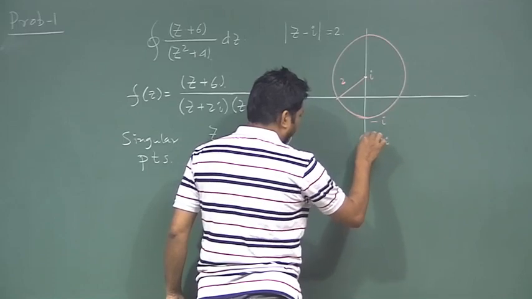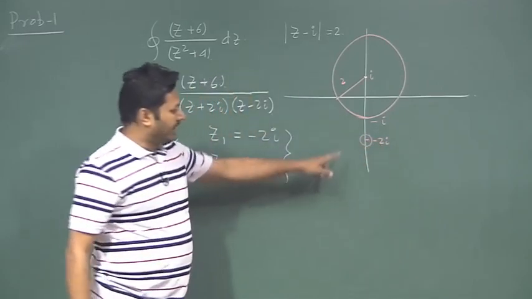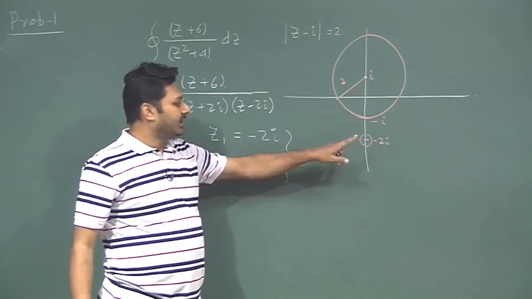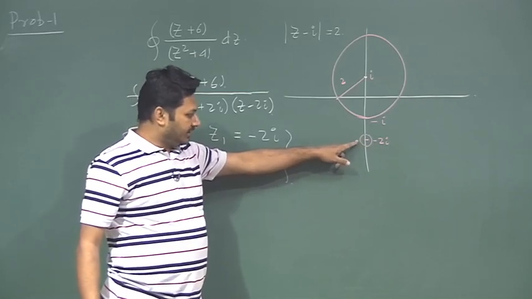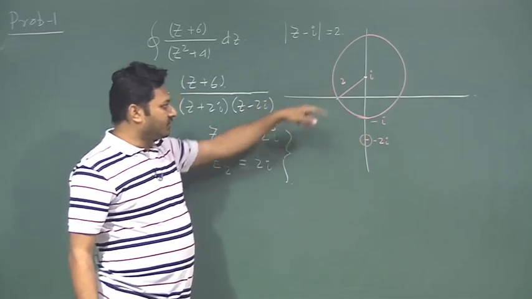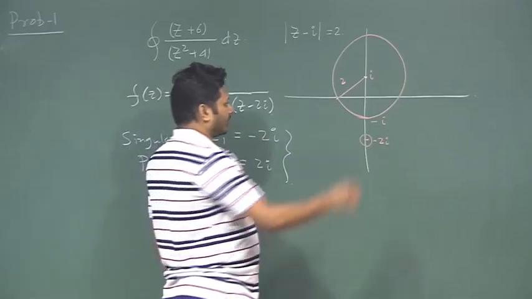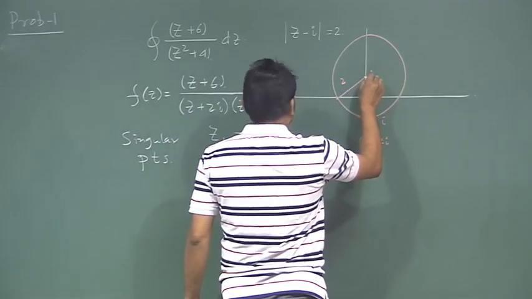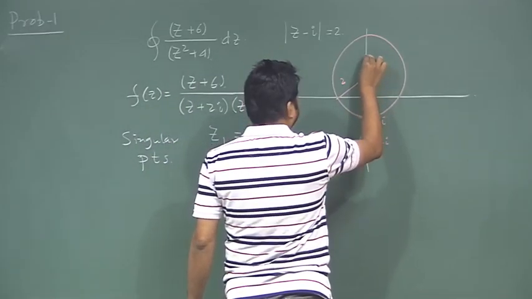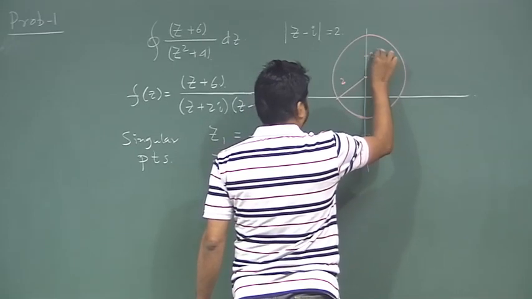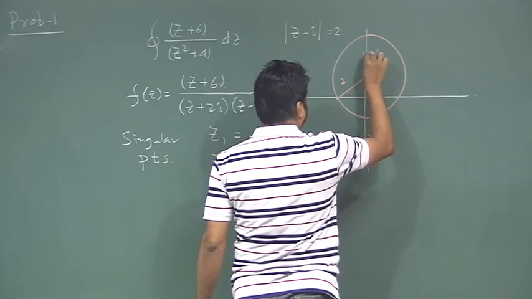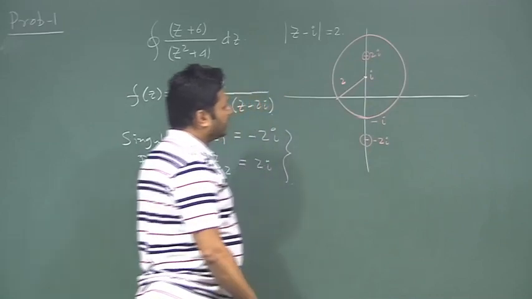So, minus 2i is outside. I should not bother about that. This singular point is outside the region where I am trying to evaluate. Now this is i, this point is 2i. Obviously, the point 2i is inside the region.